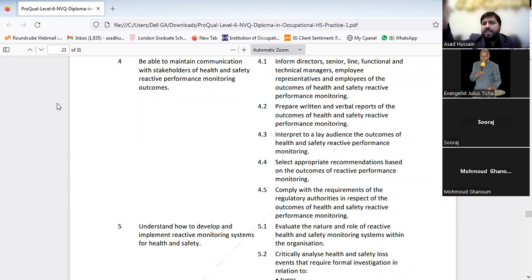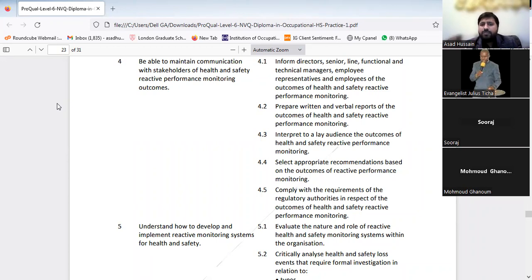For example, internationally we have a regulation, RIDDOR, Reporting of Injuries, Diseases and Dangerous Occurrences Regulations 1995, now amended in 2013. So it has the name RIDDOR 2013.